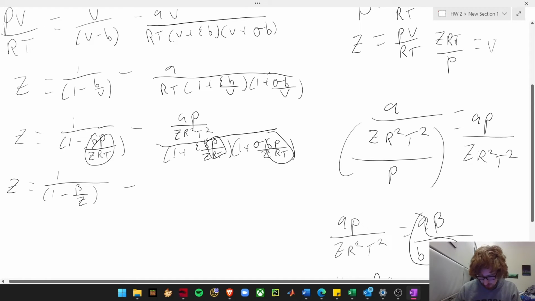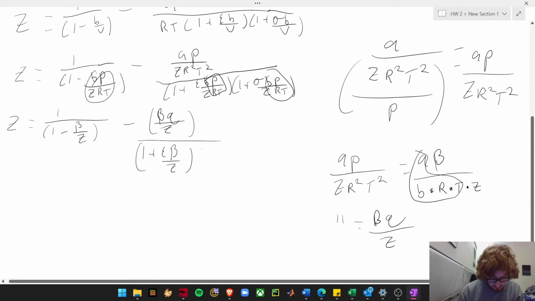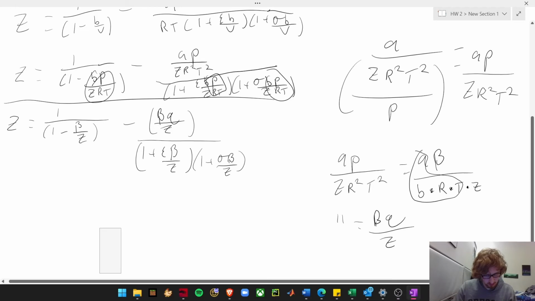Minus, and then of course we can rewrite this as beta times Q over Z. And that is going to be over 1 plus epsilon beta over Z, and then 1 plus sigma beta over Z. So now is where the fun really starts.